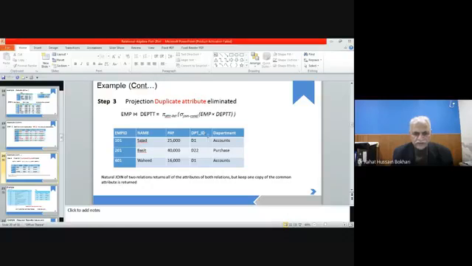There's no need to write it twice because these are the same values. So we have discarded one copy and kept one copy of the common attribute. So we get the end result of this natural join: 3 rows and 5 columns. So this is the basic concept of your natural join.